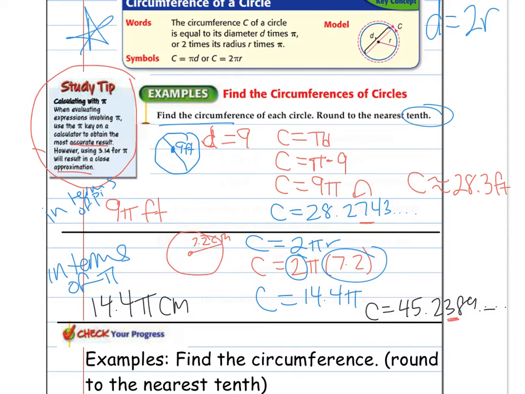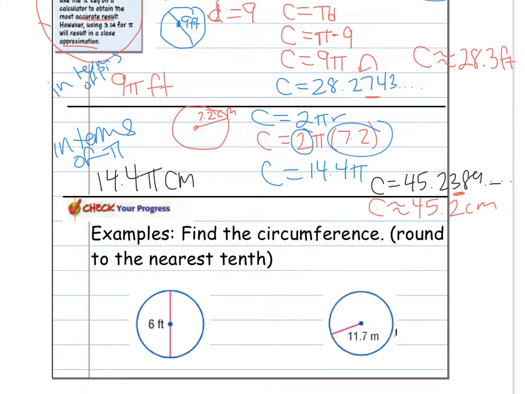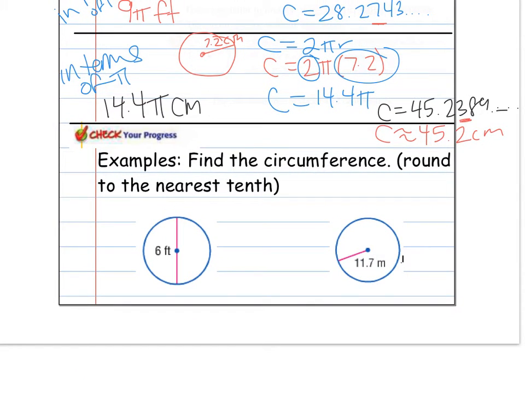It's not 5 or more, so my circumference is approximately 45 and 2/10 centimeters. Had I used 3.14 instead of pi, I would have gotten the same thing, or just be off a little bit in the decimals sometimes. Some extra examples if you want to try them and bring them to class.